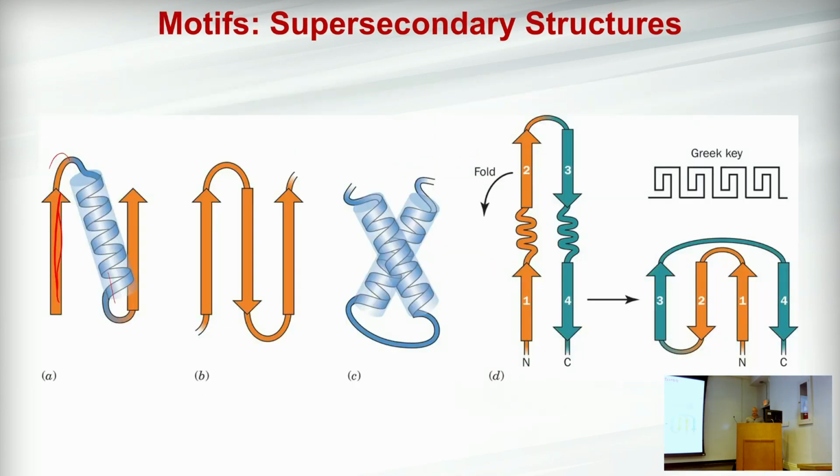We take these secondary structures and we form from the secondary structures what are called supersecondary structures or motifs, right? And so these motifs, this is relatively simple. This obviously would be something like a beta, alpha, beta motif, right?